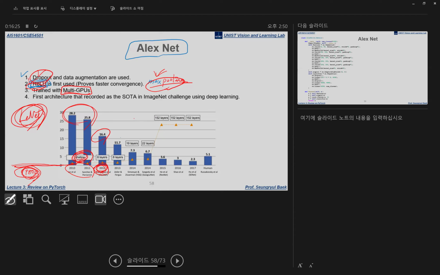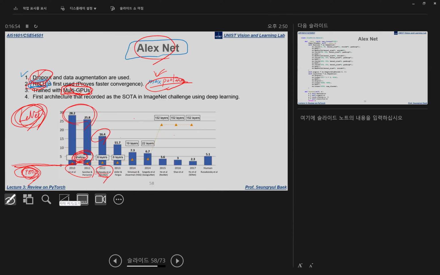Anyways, in the year 2012, in the NeurIPS paper, the author's name is Alex Krizhevsky. That's why we call this network AlexNet. Alex is the first name and Krizhevsky is the last name. The first author's name is Alex Krizhevsky.